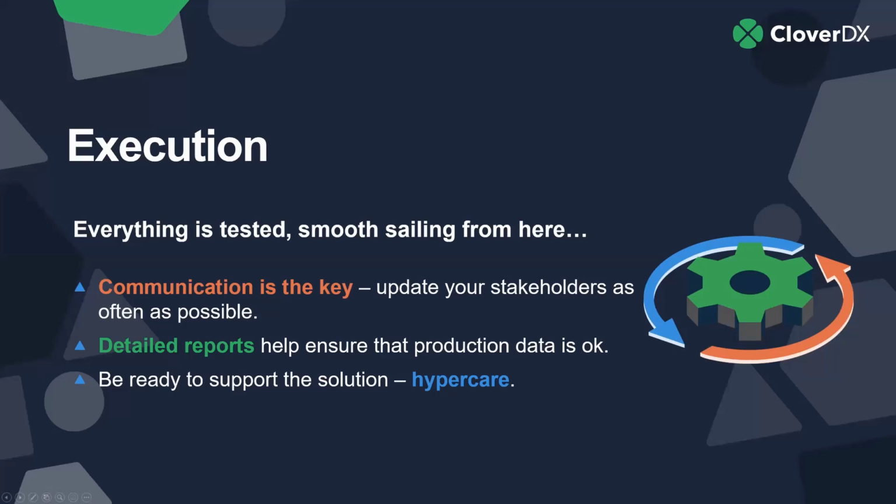So we developed everything, we tested everything, it's perfectly fine. We're happy with what we're getting in our pre-production environments, and now we're ready to execute the pipelines that we developed, right? So in this case, I would like to mention a few important points here, and that's communication.